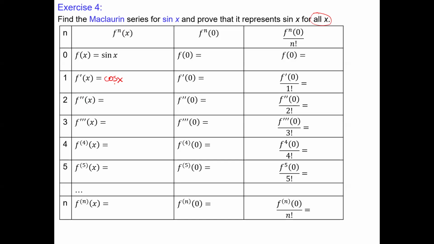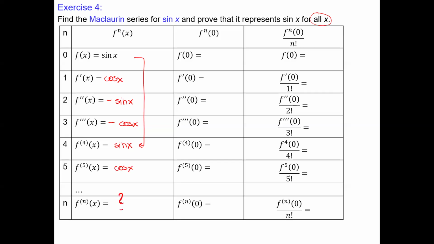Second derivative, which is the derivative of cosine, is negative sine of x. Derivative of negative sine of x is negative cosine of x. And derivative of negative cosine is sine of x. We can see it's kind of like a cycle of 4 because we did reach sine and then we will just repeat.